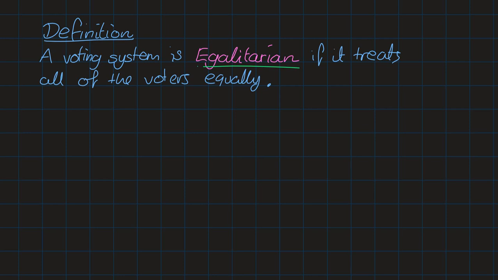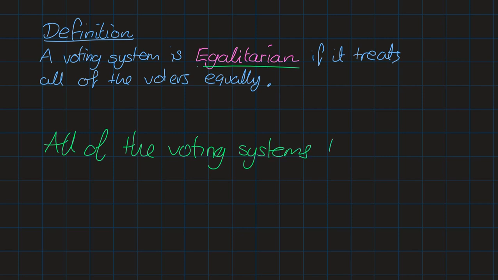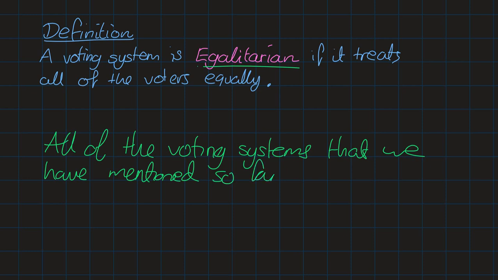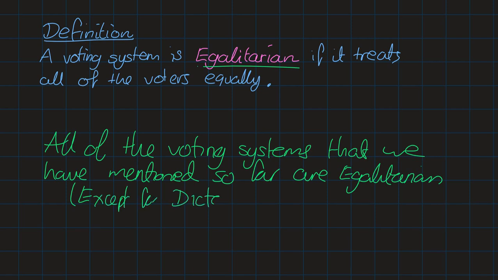So I will say that all of the voting systems that we've mentioned so far are egalitarian. Well, except for dictatorship.